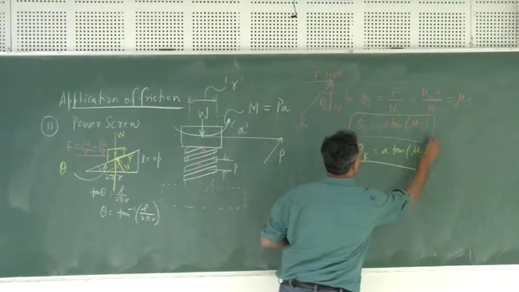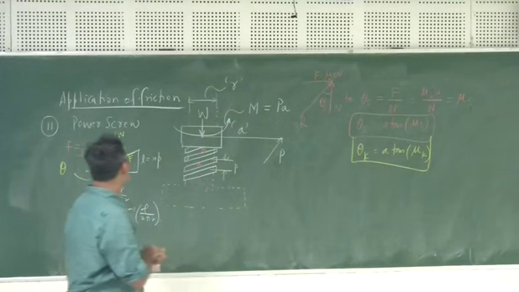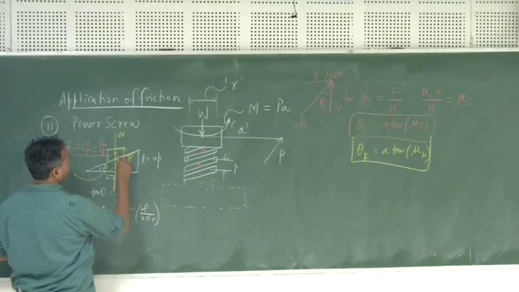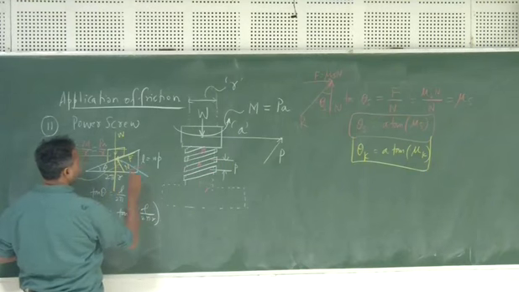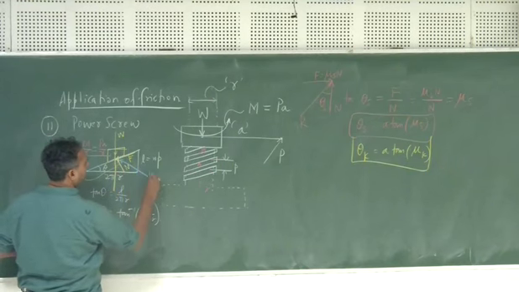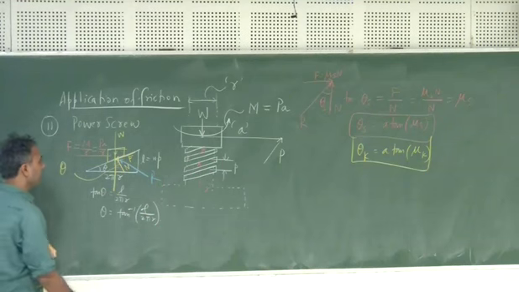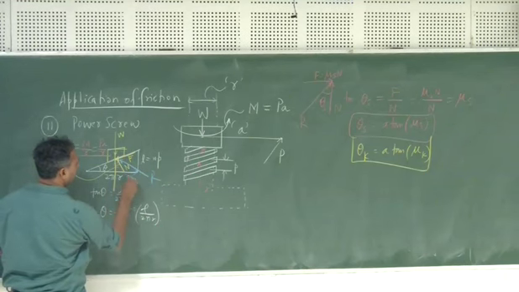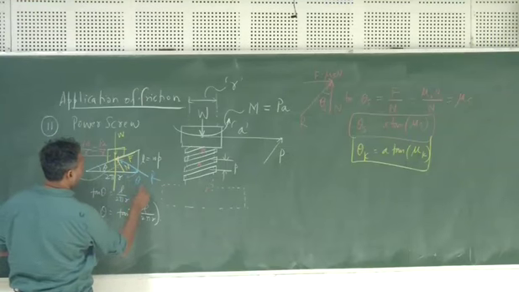Okay, so assuming that in this case the resultant is this. Here is the resultant, which is R. So what will be this angle? This angle will be theta s.